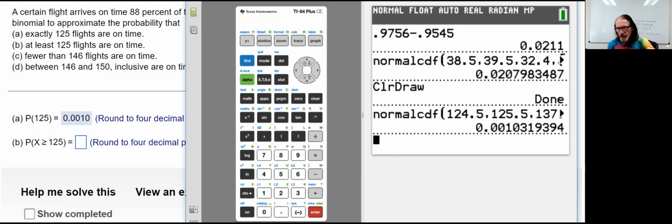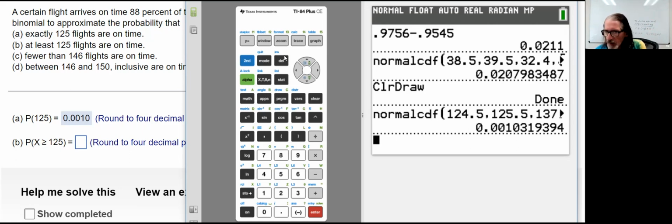The table is going to give you the area to the left. Then look up the z-score going with the 124.5, and the table will give you the area to the left. Since you're just looking for what is in between, you would subtract the smaller area from the leftmost from what you have on the rightmost, so that you're taking away the extra unshaded part.